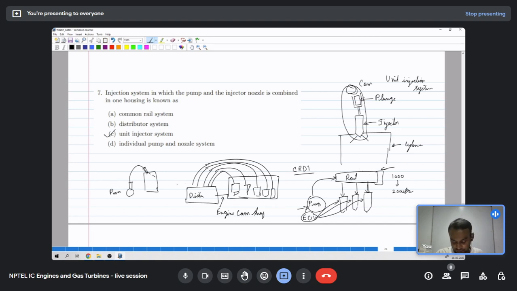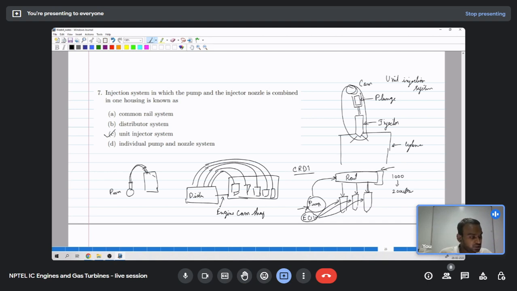But in case of the individual pump system, you will have a pumping event. After the pumping is done, it will go back to a lower pressure, and only when the next injection has to happen, the plunger moves and pressurizes the fuel. And same with the distributor. Only thing, instead of having different pumps for different cylinders, it all goes into a single unit called the distributor unit.